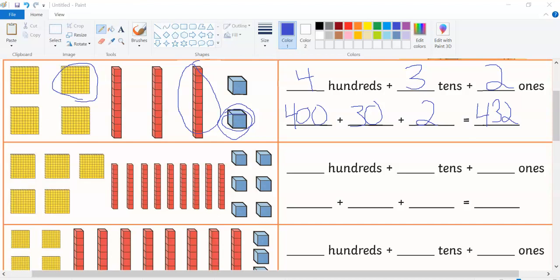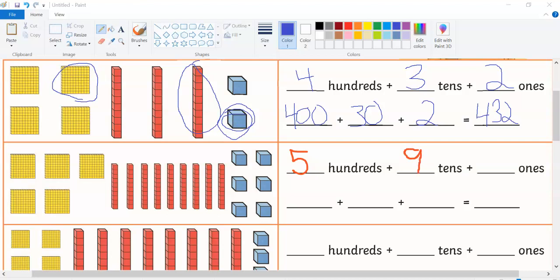So in our little 100 spot over here, we're going to write the number 5. And then we're going to look at our tens blocks now. 1, 2, 3, 4, 5, 6, 7, 8, 9. So we're going to put the number 9.